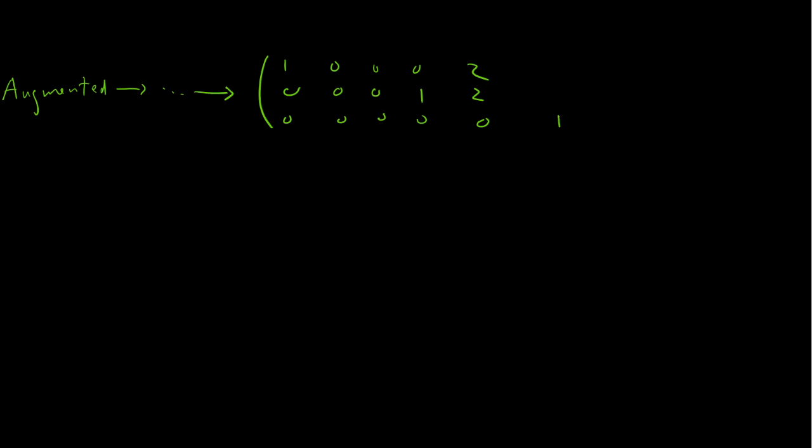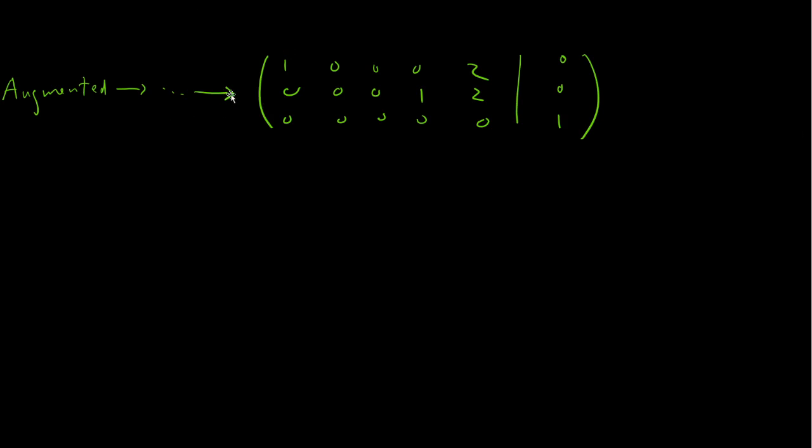So maybe something like this. Is the matrix in row reduced echelon form? Is the matrix in REF? You can check all the 4 conditions. The matrix is indeed in row reduced echelon form.